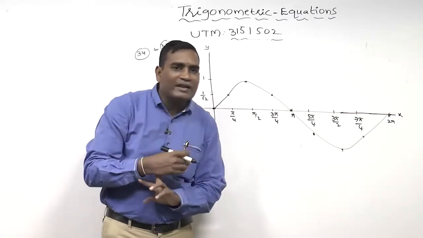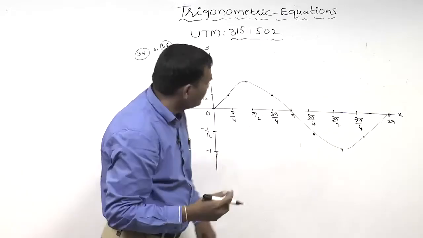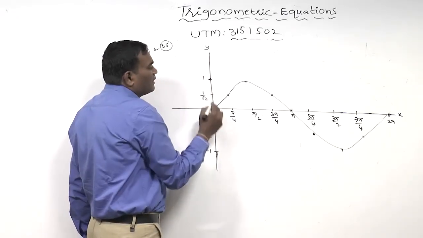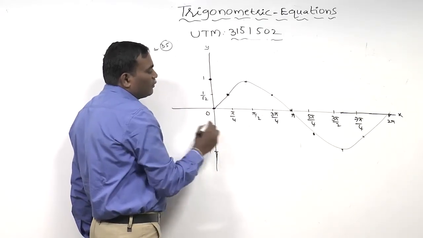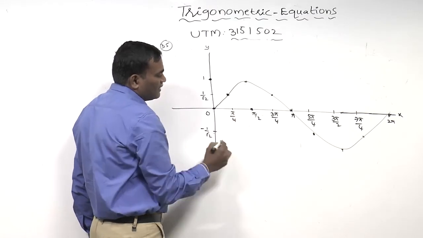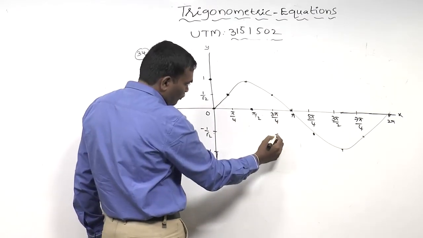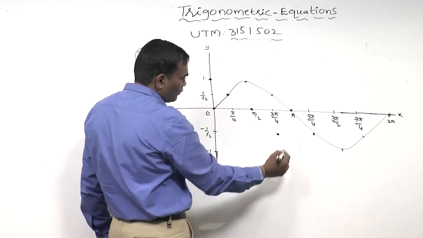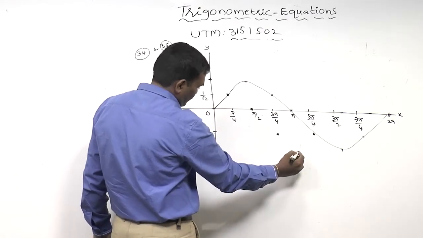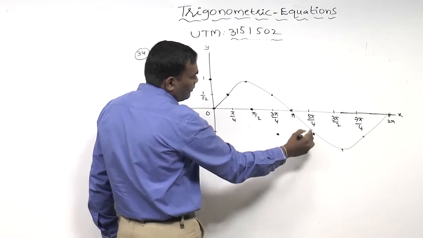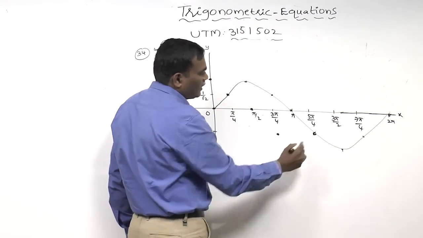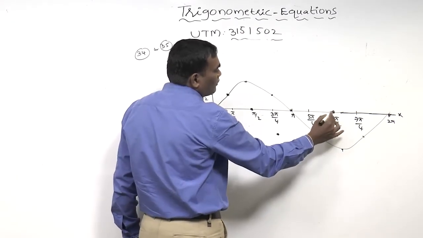Now you draw the graph of y is equal to cos x. Cos 0 is 1. Cos pi by 4 is 1 by root 2. Cos pi by 2 is 0. Cos 3 pi by 4 is minus 1 by root 2. Cos 180 is minus 1. Cos 5 pi by 4 is minus 1 by root 2. Cos 3 pi by 2 is 0.